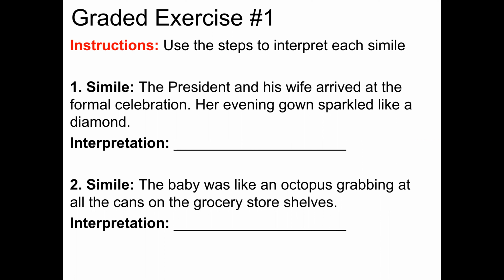What do you mean by quick or fast? That's more than what it's talking about. It's not merely talking about the fact that the baby is fast. Because if you want to say that the baby is fast, we could say the baby is like lightning. But we're not talking about the speed of the baby. We're talking about something else that the baby is doing.